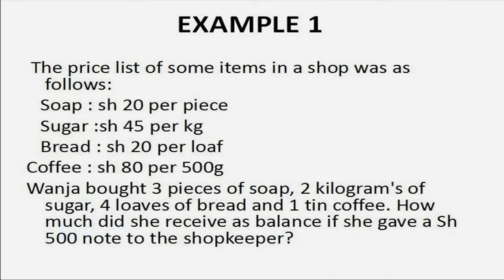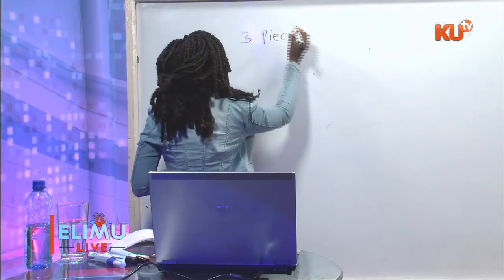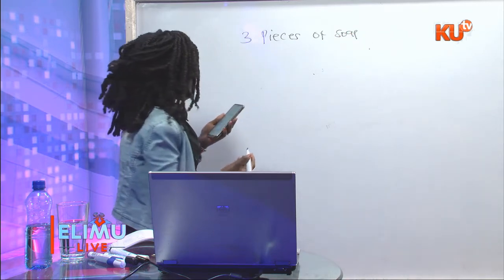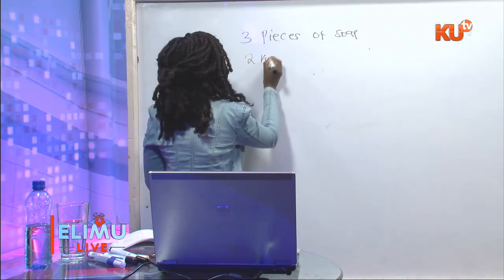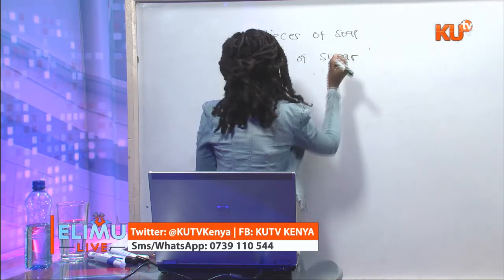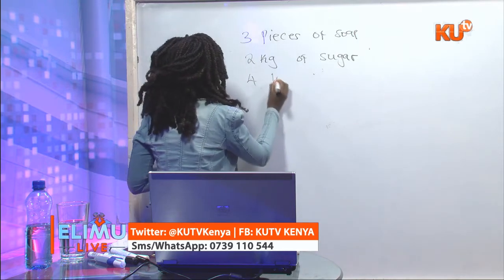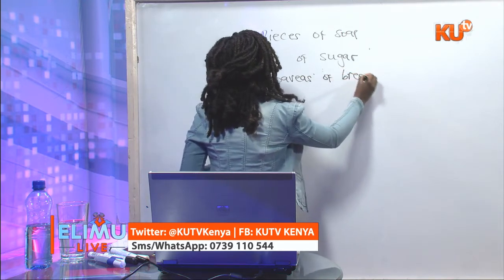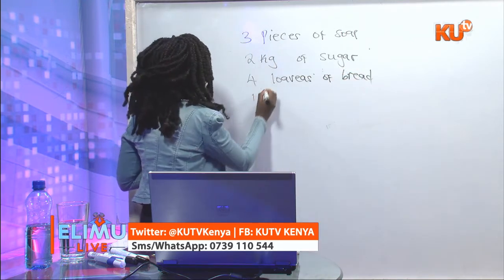So we are told that this person bought 3 pieces of soap, 2 kgs of sugar, and 4 loaves of bread, one tin of coffee.